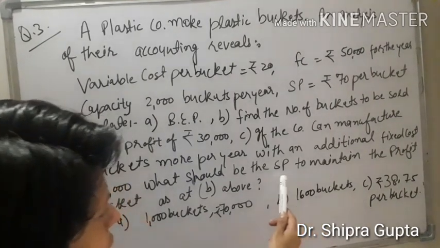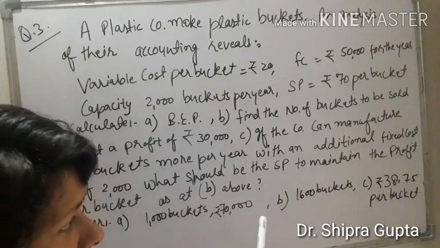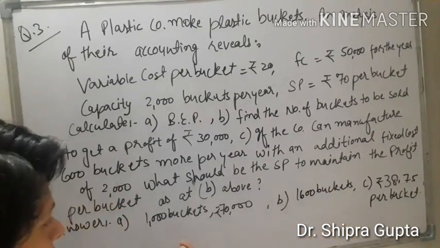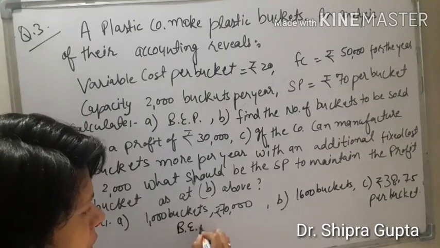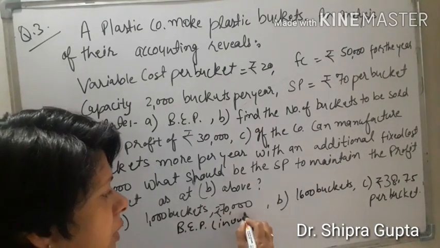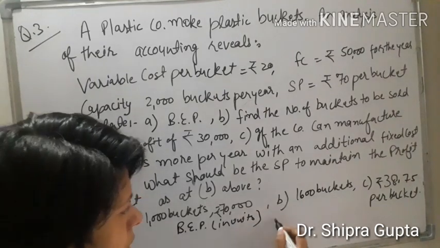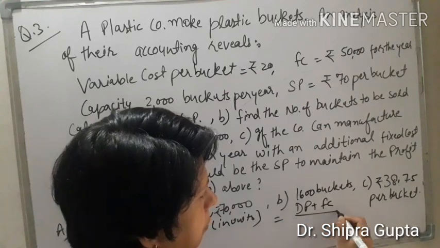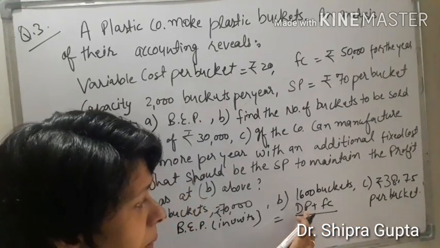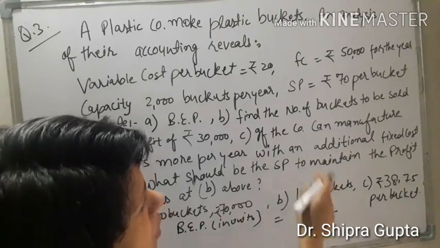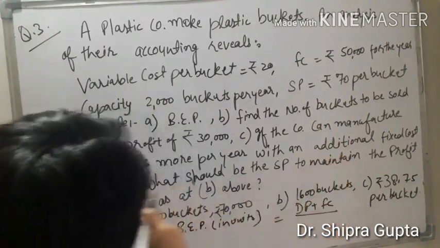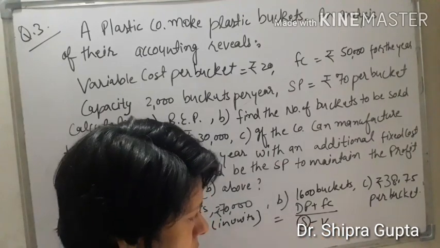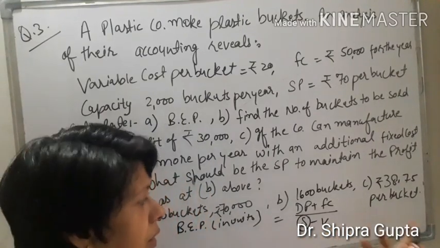So for the calculation of this, the new selling units have come, and the new fixed cost has come. So then we will apply the formula break-even point in units: DP desired profit plus FC, the new DP is per unit multiply 2,600, fixed cost 50,000 plus 2,000, then 52,000, over S minus V. As we will find, the variable cost will remain the same.